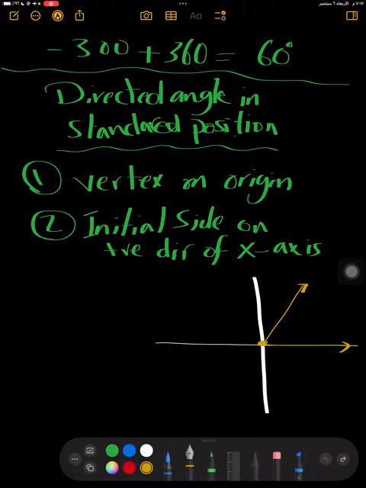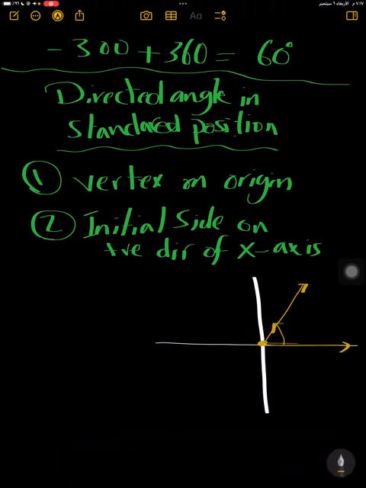Look at the initial side. The initial side is on the positive direction of the x-axis and the vertex of the directed angle is on the origin point. So the two conditions are satisfied, so this directed angle is in standard position.